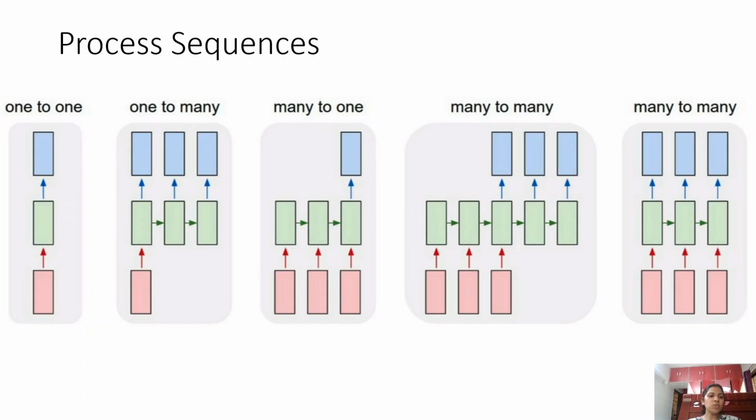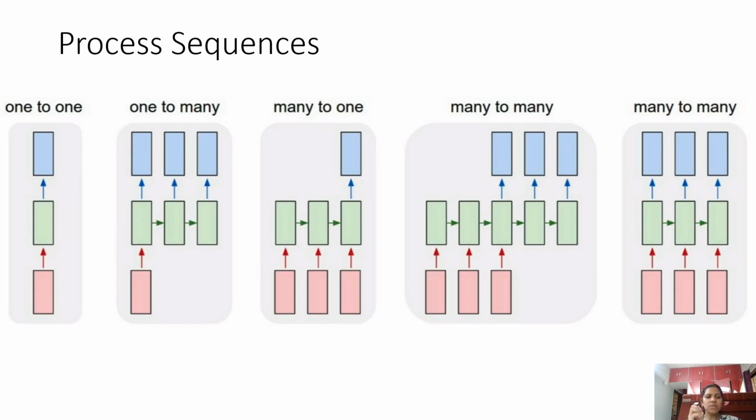The last one is also many to many. For example, if I input a video, we have to process it frame by frame and take a decision on each frame. Each frame will be of fixed size, so the input and output will be of fixed size, but we feed every frame of the video into the neural network and expect an output right away.